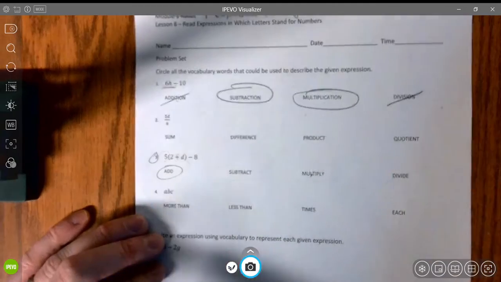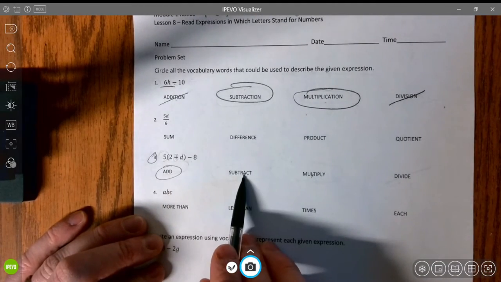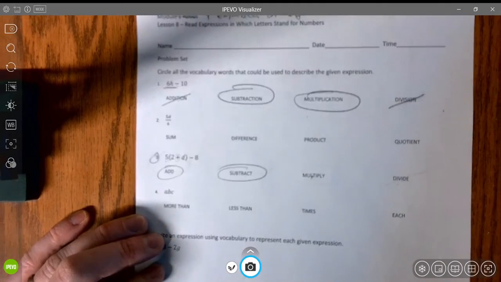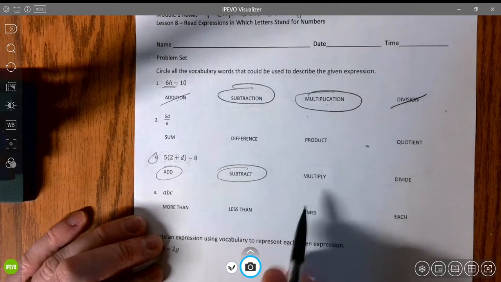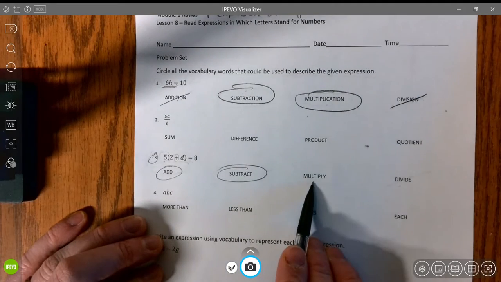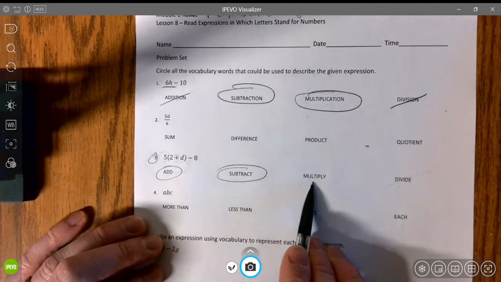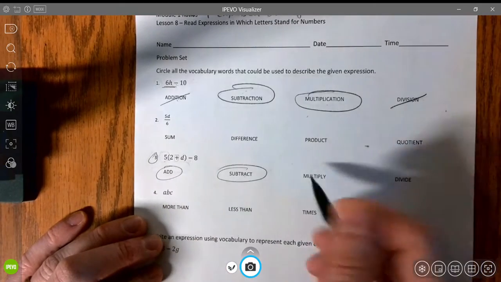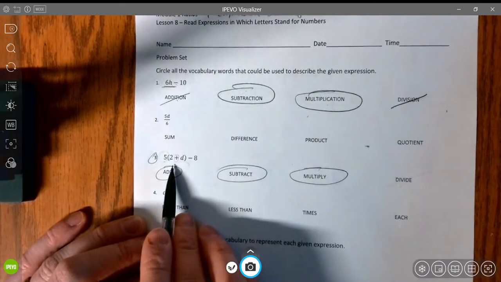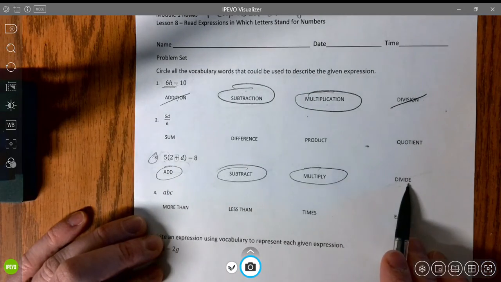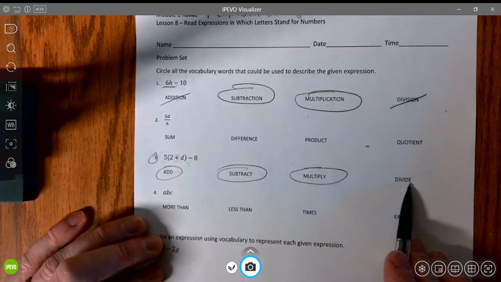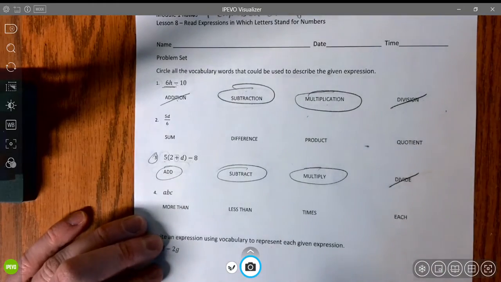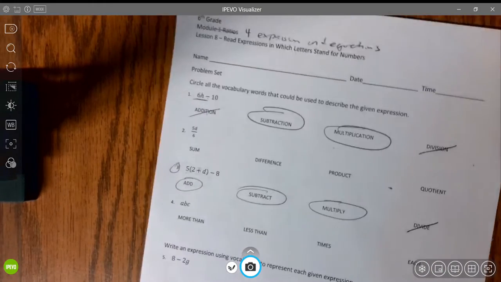I'm going to circle addition. Do I have subtraction? Yes, I do, so I'm going to circle subtraction. Is any of these terms being multiplied? Well, I got 5 times 2 plus d, so yes, I have multiplication. And do I have division? Well, no, I don't see a division sign or a fraction. So no, I do not have division.